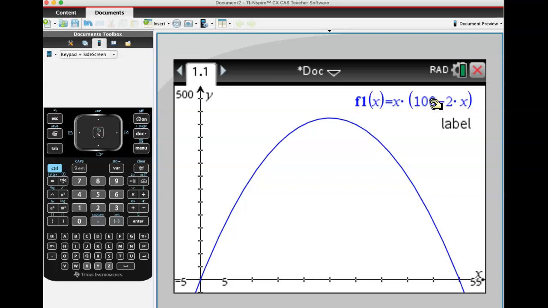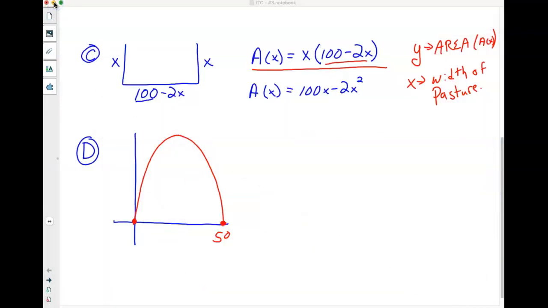So how I would ask you to communicate that in homework is just come down here, and underneath it, probably say something like, my X windows, I'm going to go from -5 to 55. And my Y windows, I'm going to go from about negative 100 to 1500.